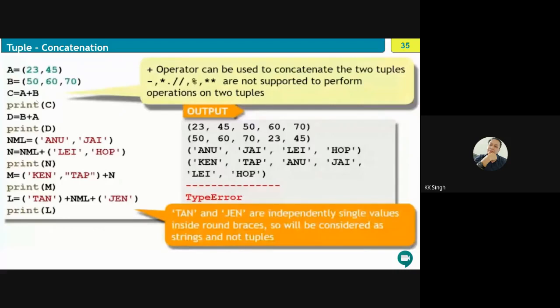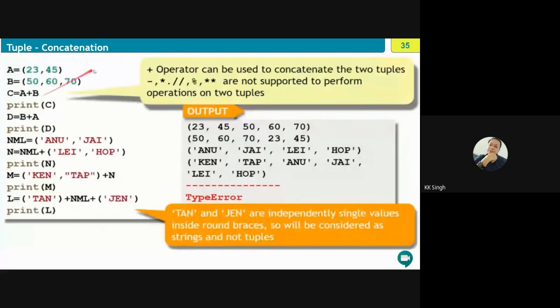Since I have already told you that tuples can be concatenated, the corresponding elements will not be added. Any mathematical operation cannot be applied to the elements of the tuple.